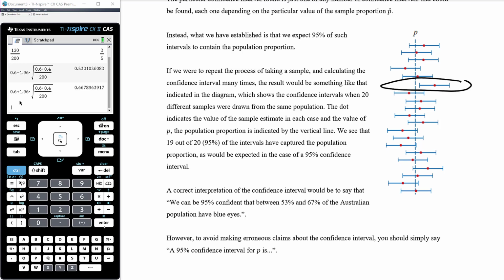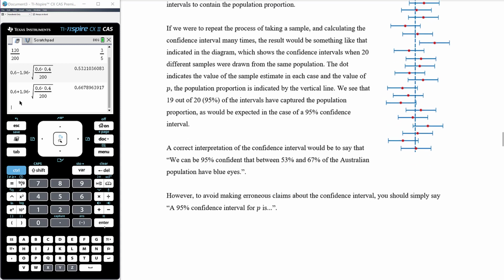So we can't be certain that the population proportion does lie in that interval at all. The idea is that if we were to take lots and lots of samples, in 95% of those samples, the population proportion would lie within the confidence interval. That's actually what's happening with a 95% confidence interval. I think that's pretty much what that paragraph says.